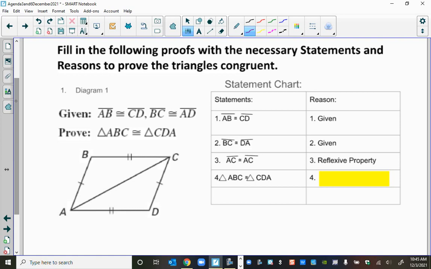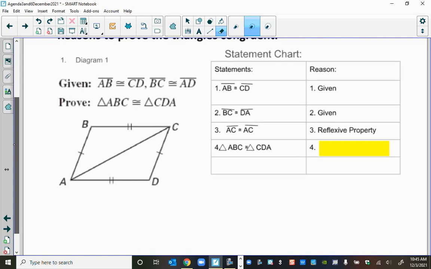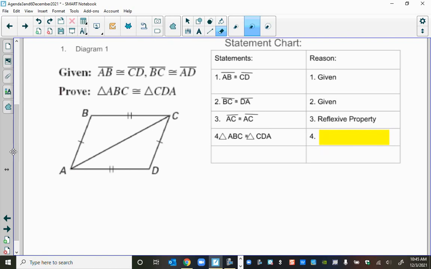If you want to break this down, you can break it down into two smaller triangles. Does everybody see what we're doing here? We're going to break this bigger figure, split it apart.